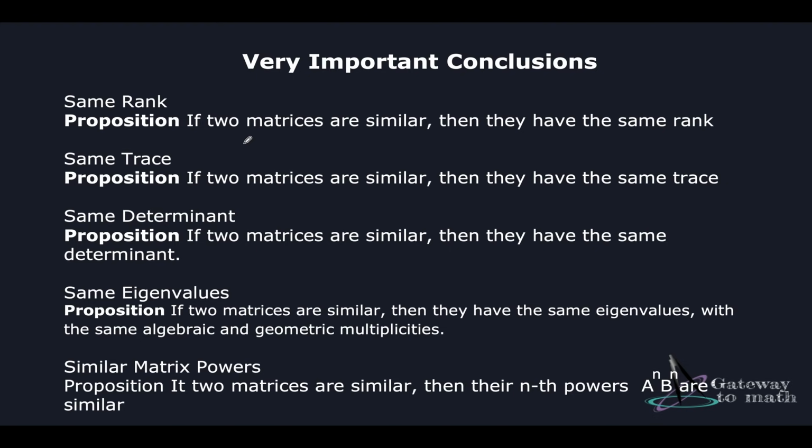So matrices are going to be similar when they have the same rank, trace, determinant, eigenvalues, and matrix powers. We've discussed all these concepts in the previous sessions. What is a rank? What is a trace? What is a determinant? How do you find the characteristic polynomial, and then compute the trace, and then how you find the eigenvalues, and then how do you compute the matrix powers.